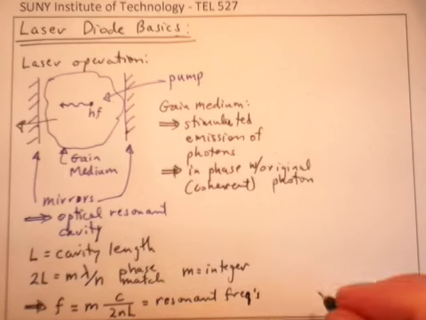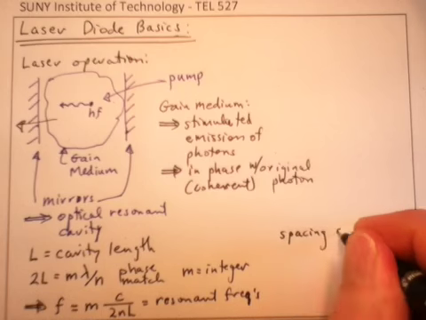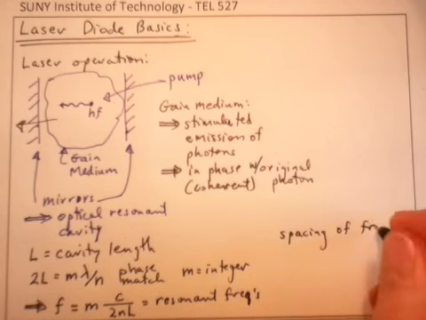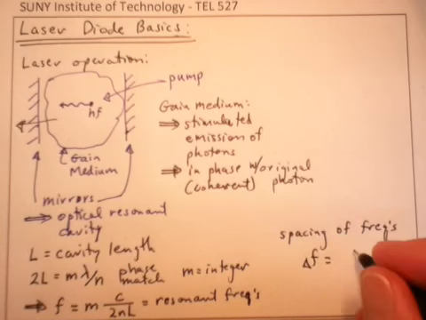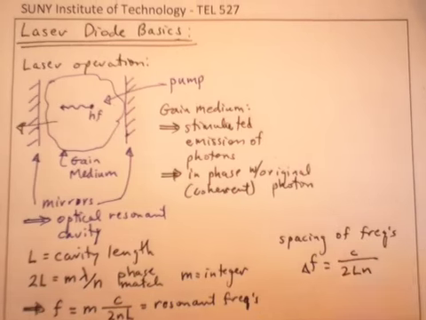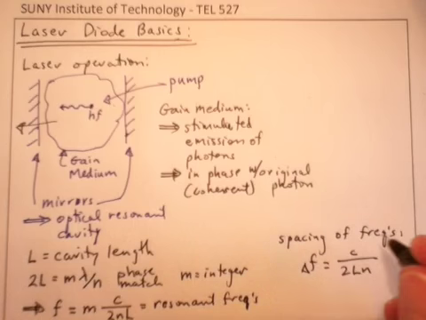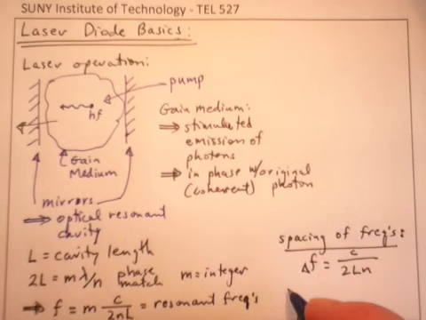And we can also write that the spacing of the resonant frequencies is delta f, which is c over 2Ln. Okay, you can do the little math to straighten all these equations out for yourself, but they work. And this is then giving us a set of allowed frequencies for this gain medium.